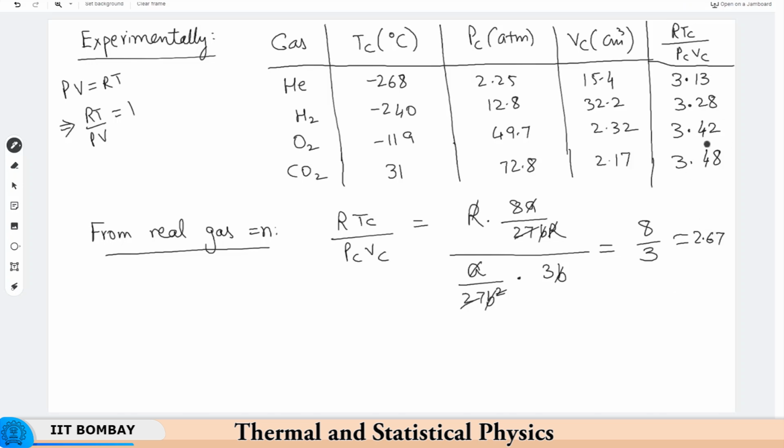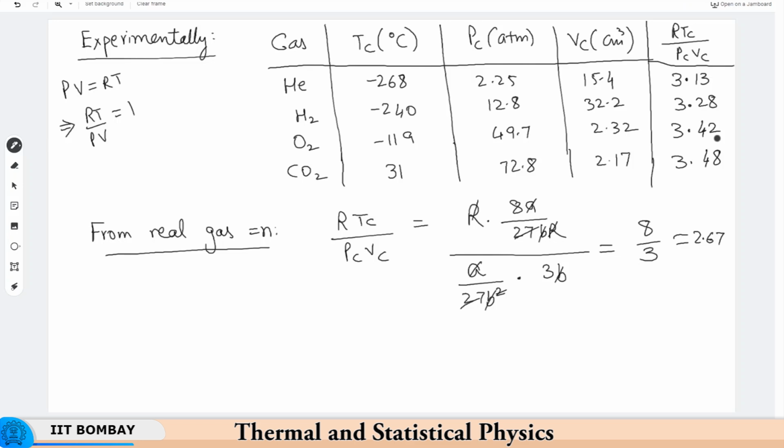I mean, it's within an order of magnitude, it's quite okay, although it's not matching. Of course, the first order corrections that we have done are not really accurate, but still it does a reasonably good job in at least giving us some sense of the deviations that real gases undergo from ideal gases.